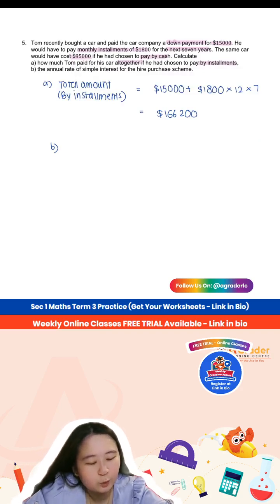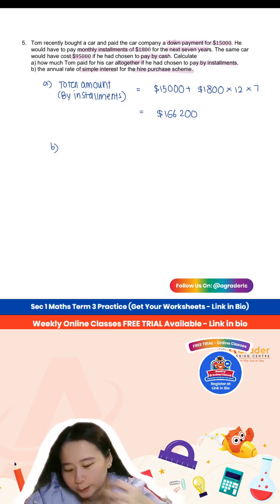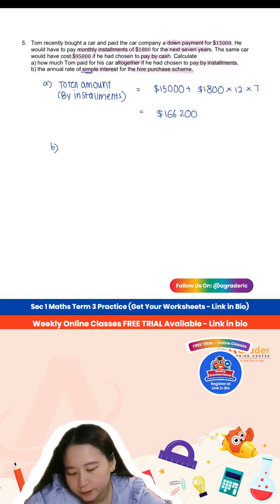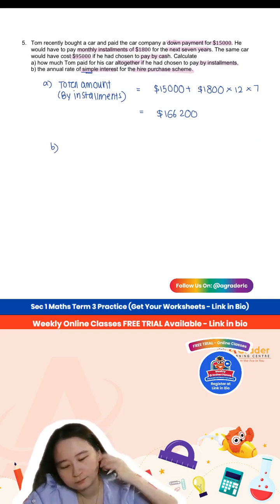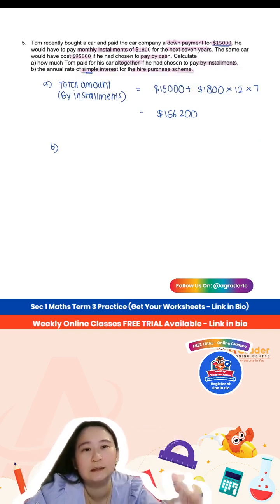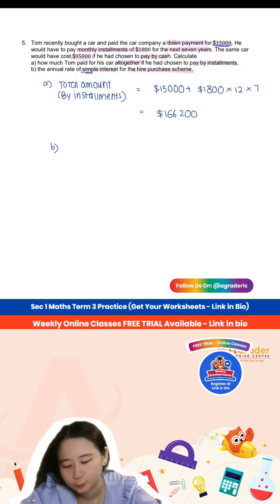Part B, the annual rate of simple interest for the hire purchase scheme. So simple interest, we can see what is the loan amount. 15,000 is paid upfront, so there shouldn't be any loan or interest to pay on this amount because you don't have to loan this 15K since you pay on the spot.